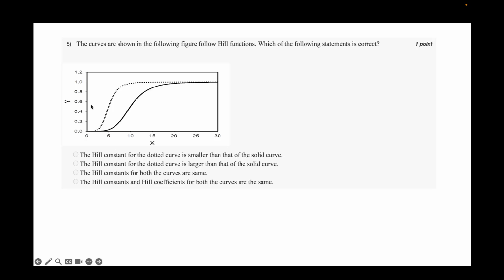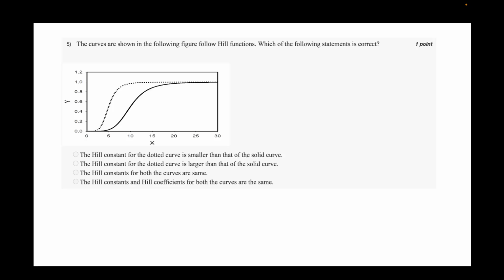So if your half saturation value is reached at a lower value of x, then the Hill coefficient will be lower.